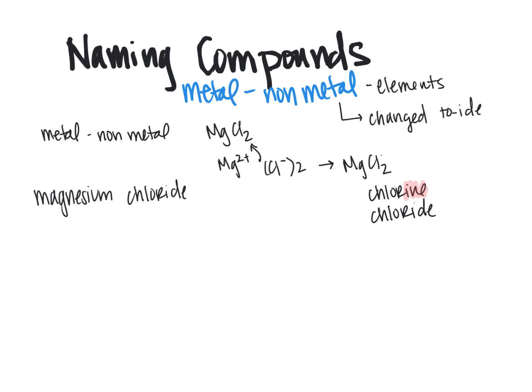Those elements tend to end with something else. So what would it look like if we named something else? In this case, I want to have calcium, and with it, I would like to add oxygen. The charges on these two are a 2+ and a 2-, so the chemical formula is CaO.